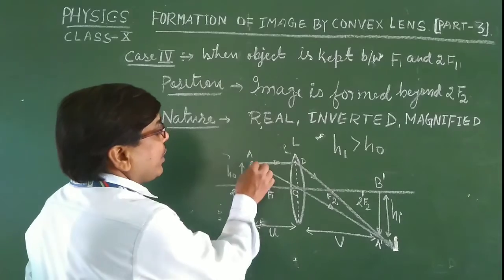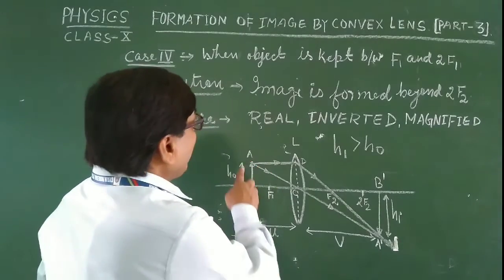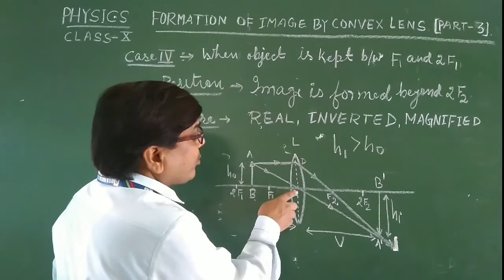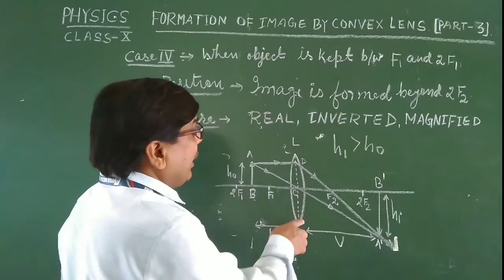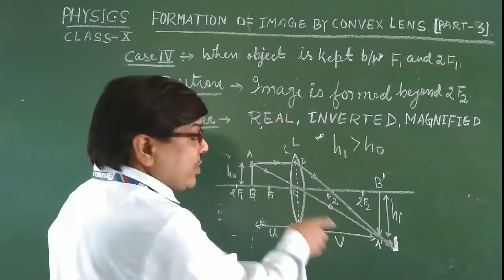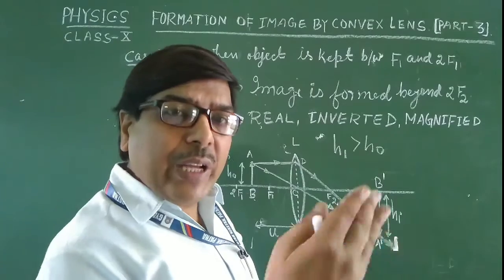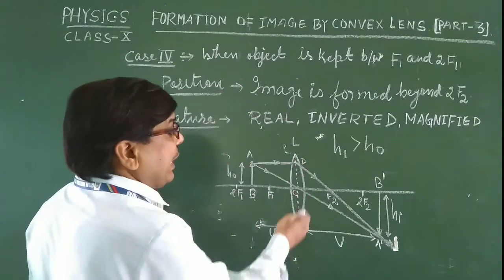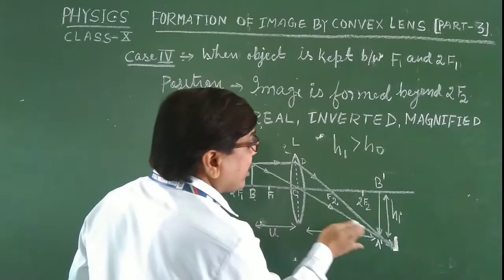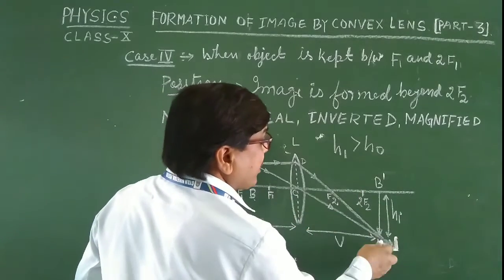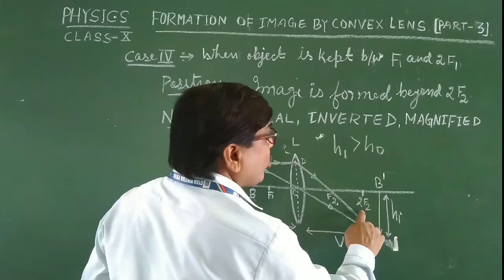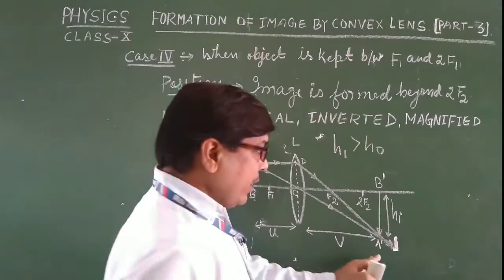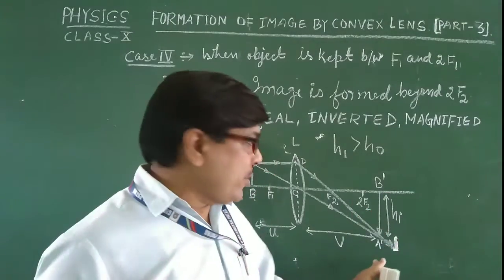Next, the ray AC, which passes through the optical center of the lens, moves straight without any deviation, and after refraction they intersect beyond 2F2, where a large image is formed.